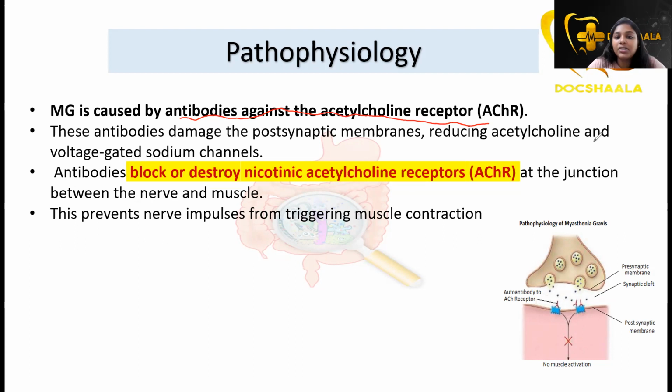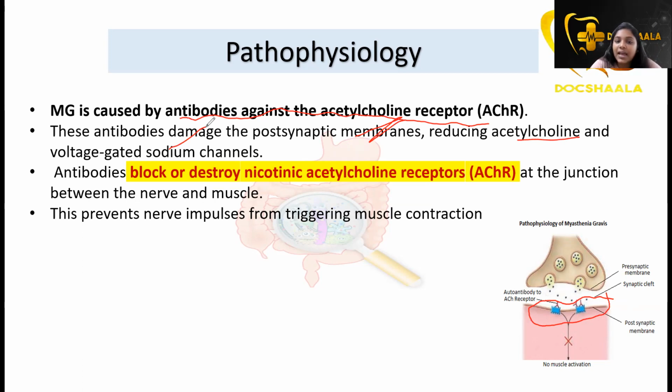So these antibodies damage the postsynaptic membrane. As you can see in this image, this is the postsynaptic membrane. These antibodies damage this postsynaptic membrane, which reduces the acetylcholine receptors and voltage gated sodium channels. When these are reduced, it prevents impulses from triggering the muscle contraction.